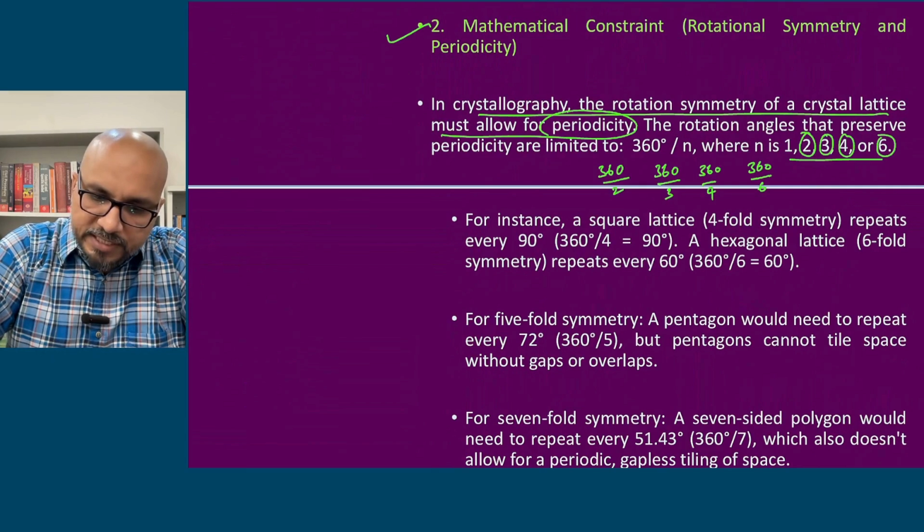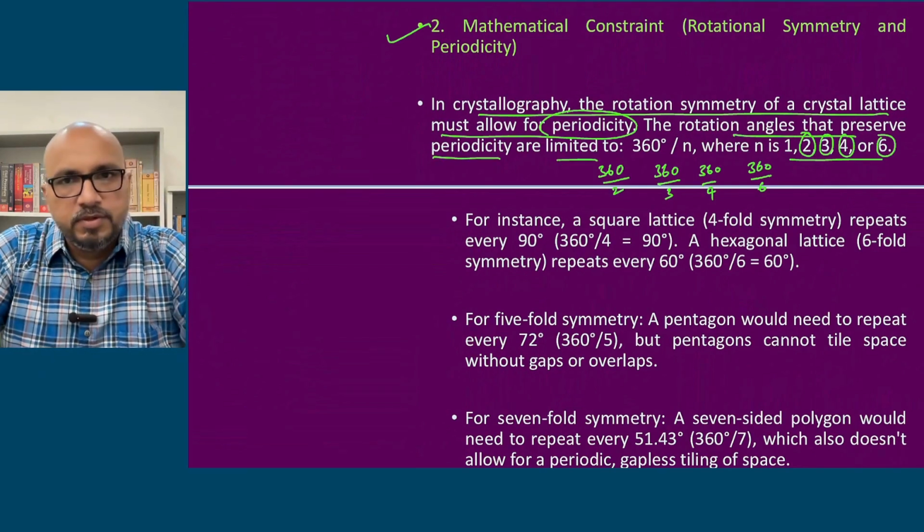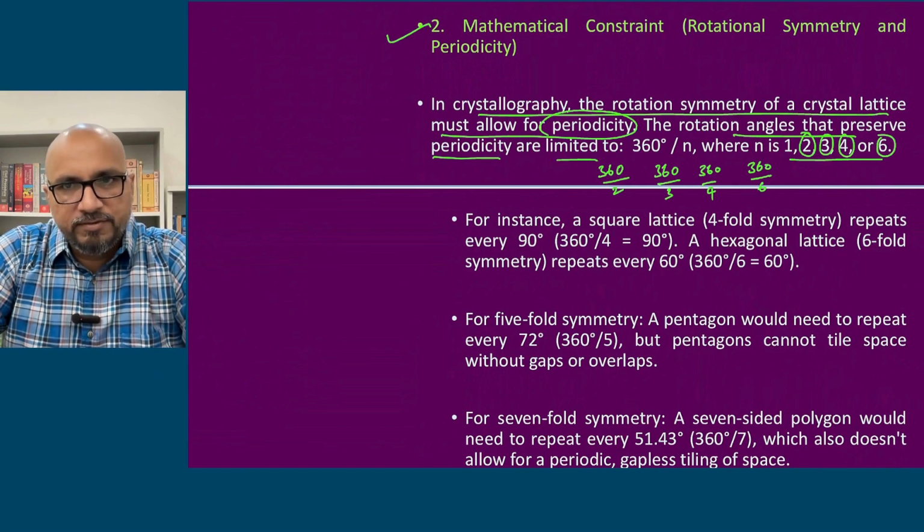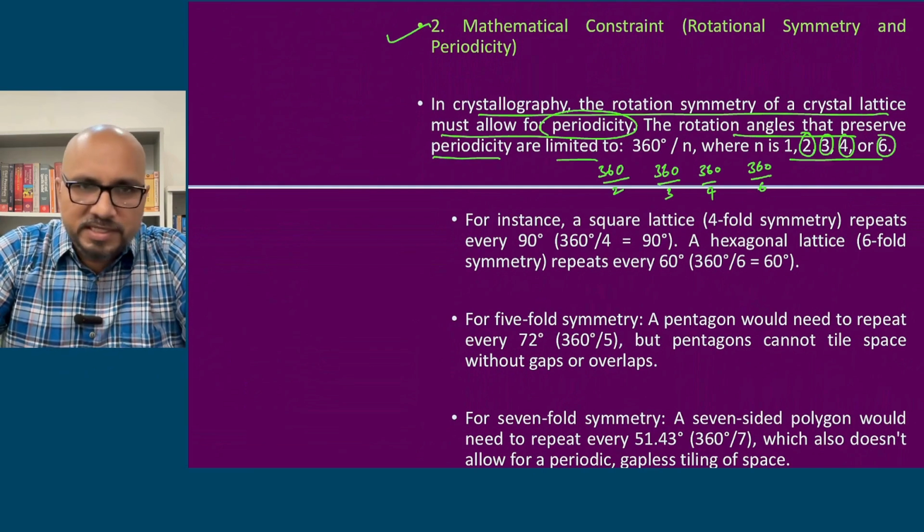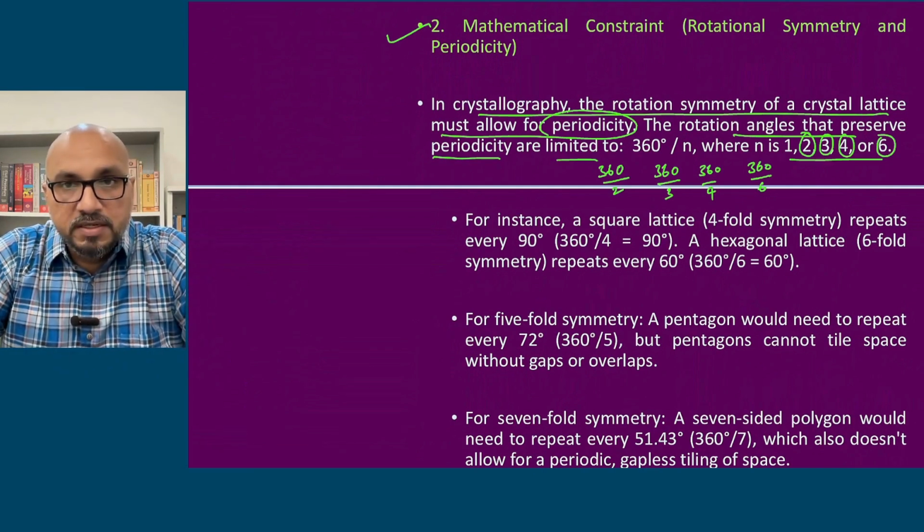So the rotation angles that preserve the periodicity are limited to 2, 3, 4 and 6. 1 को तो हम लोग कंसिडर ही नहीं करते. So even though you तुम लिखो ना लिखो, it doesn't matter. So at least twice the phase should repeat, right? 2-fold rotation, 3-fold rotation, 4-fold rotation, 6-fold rotation. Only these they will give you perfect periodicity.